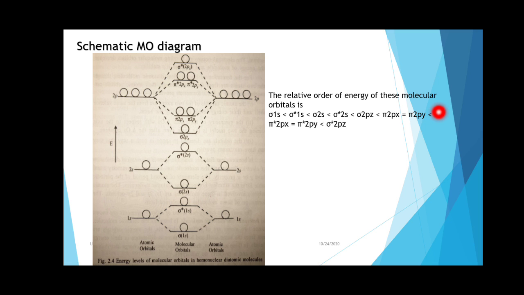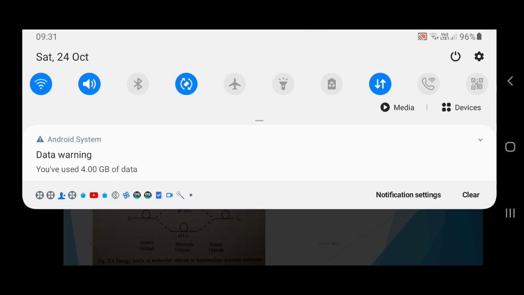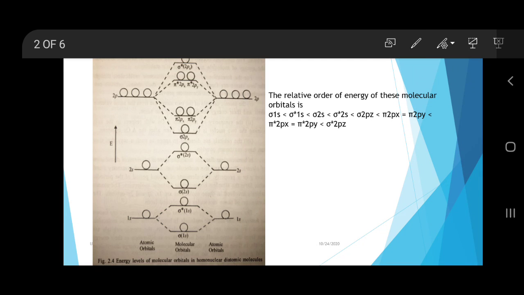The schematic representation of the MO diagram is shown here. When you write energy on the y-axis, this is the increasing order of energy of the respective orbitals.